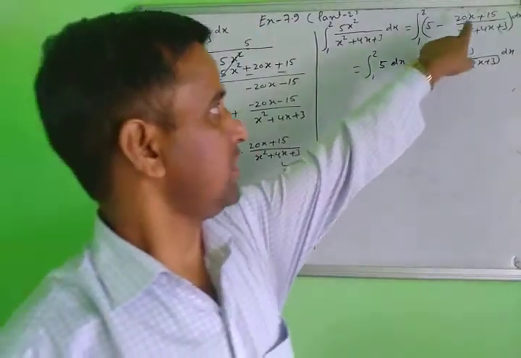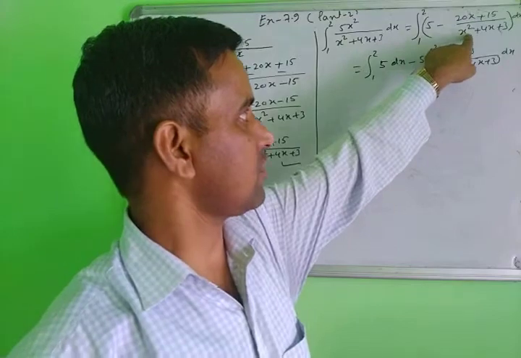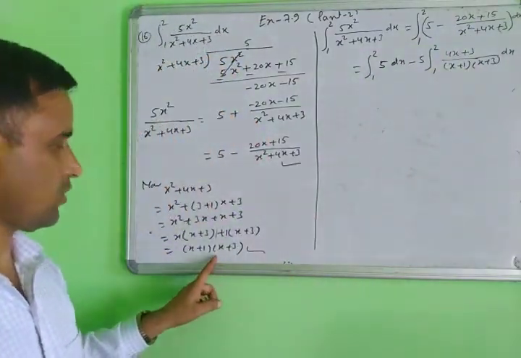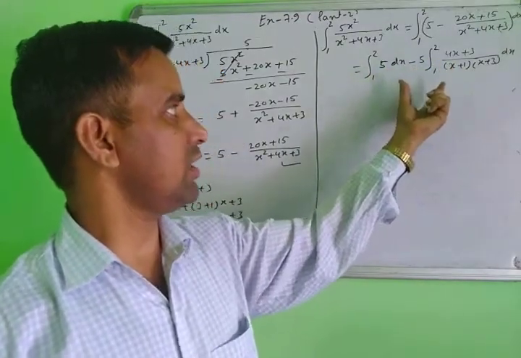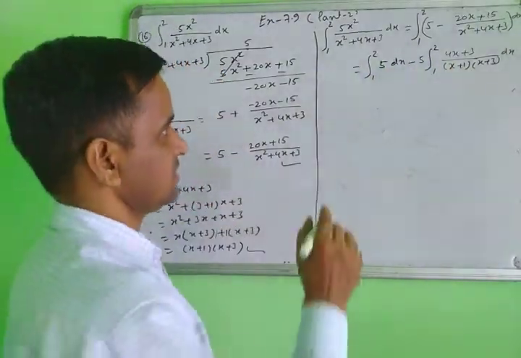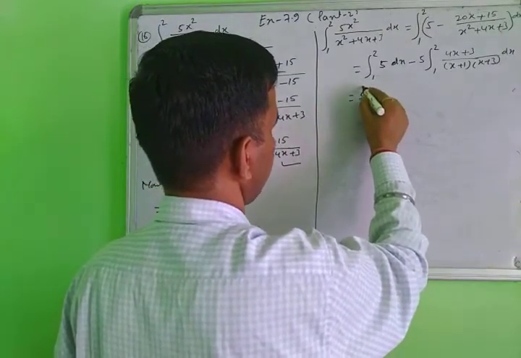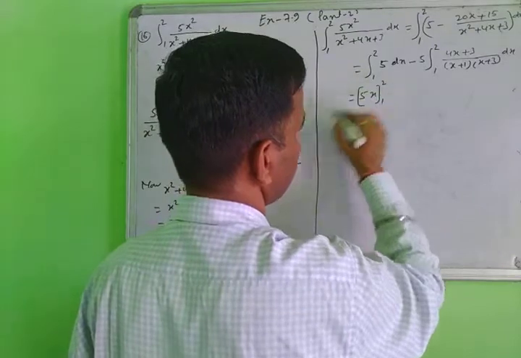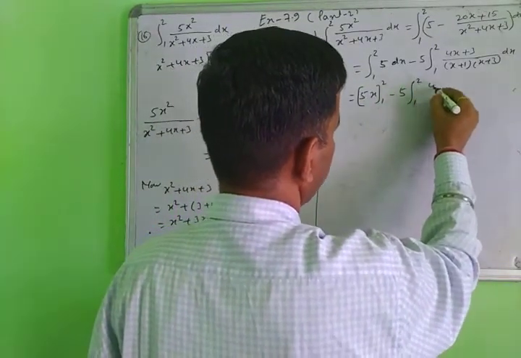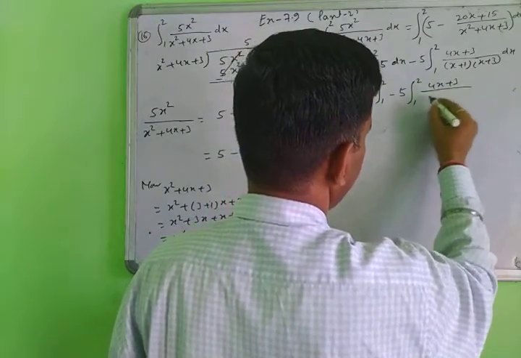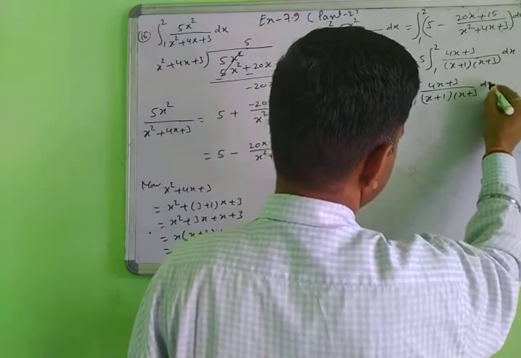Look here, you take the 5 common from here, and the factor of this portion I already found out. So you can solve this separately, then put in the values and you get the answer. What is the limit here? 5x, and you will get the value from 1 to 2, minus 5 times integration from 1 to 2 of (4x plus 3) upon (x plus 1)(x plus 3) dx.